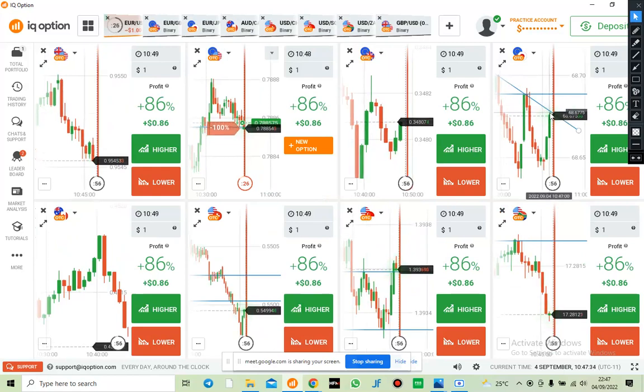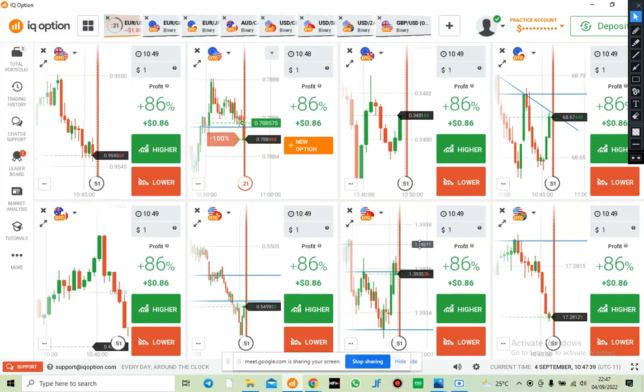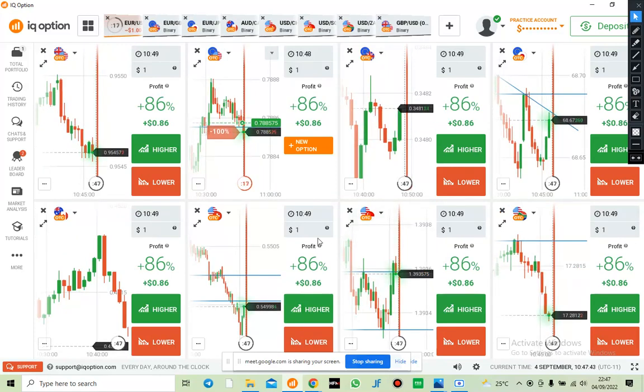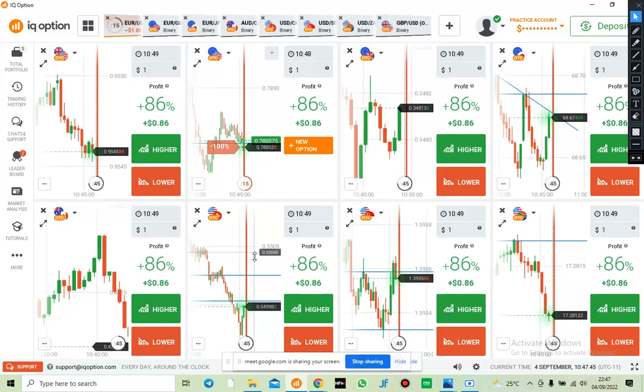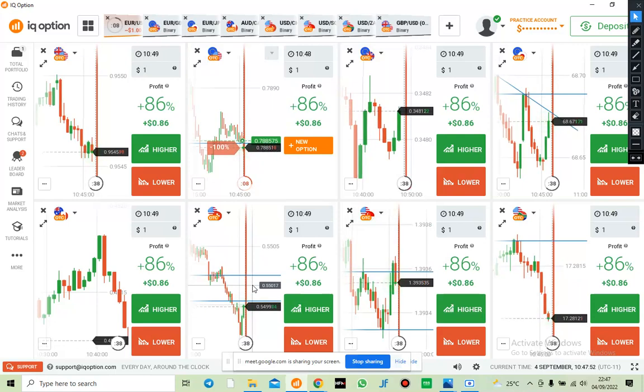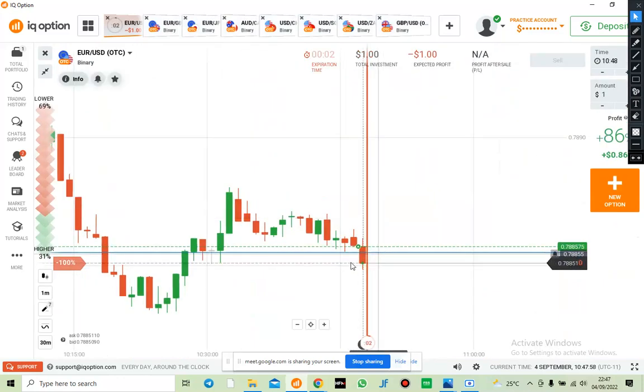So if the sellers cross that level, okay, the market is approaching the resistance trend line the second time. It's not reversing.